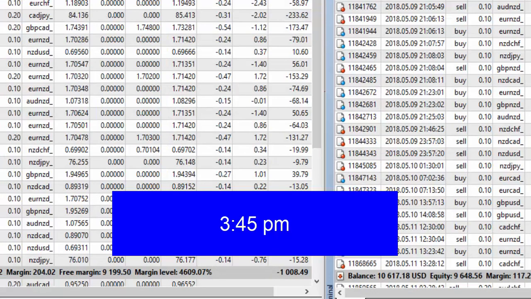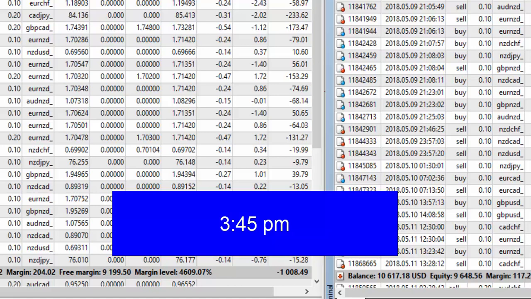Right at 3:45, 15 minutes before the market closed, I noticed the profit and loss total take a big jump. Like I said, it had been running about $950 negative, and it jumped up to 1,008. So I grabbed the screen recorder and made a screenshot of that.